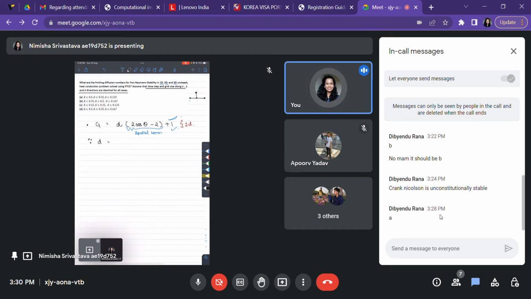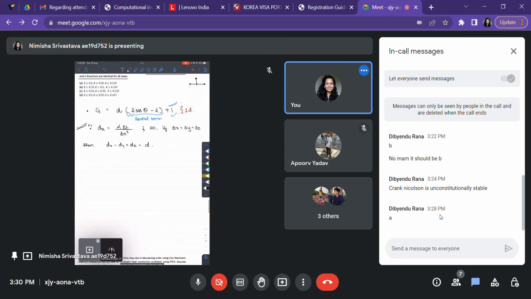Since D is equal to alpha delta T by delta x square, if delta x equals delta y equals delta z, then dx equals dy equals dz equals d. Okay, this is what I'm told. So analogously I can write the expressions for G in 2D and 3D.